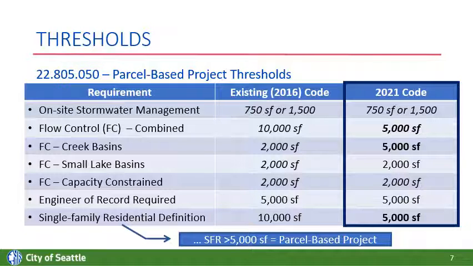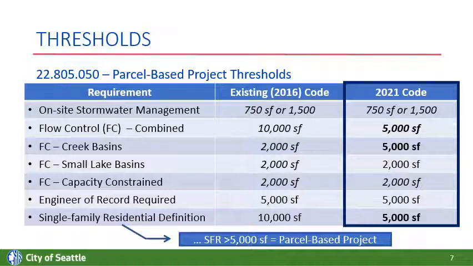Single family residential definition has changed. So flow control and water quality are not required for single family projects. So single family projects are a single family home in a single family zoned property. So a large single family project where the new plus replaced hard surface is greater than or equal to 5,000 square feet would then be considered a parcel-based project.